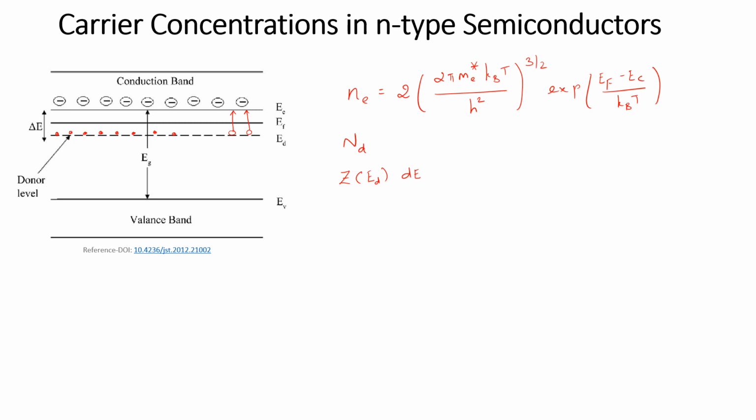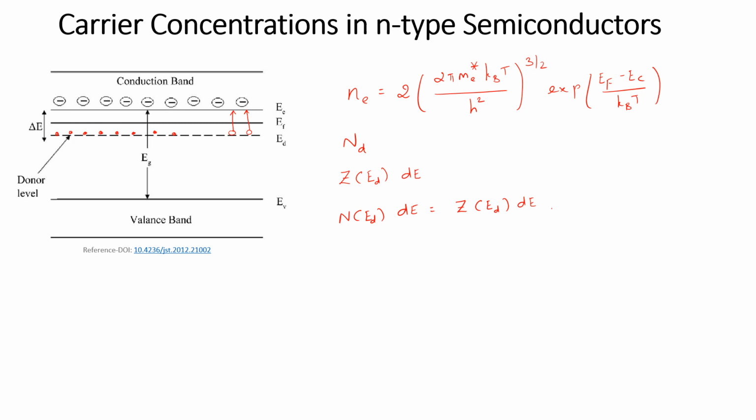Now I will write the equation like this. N of ED dE is equal to Z of ED dE. After that what should come?